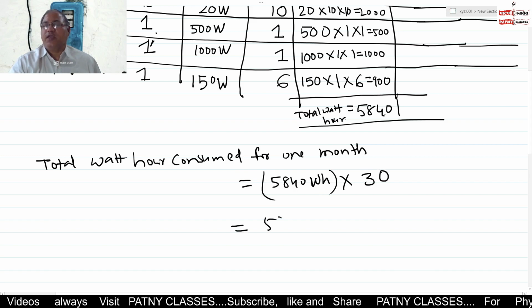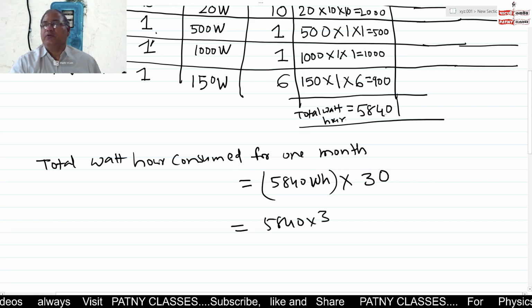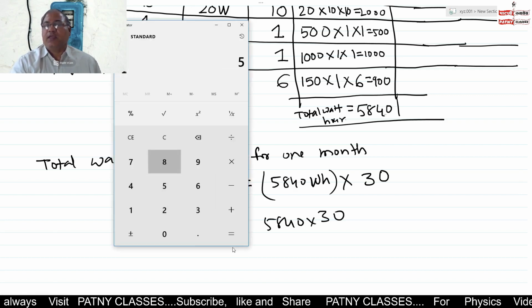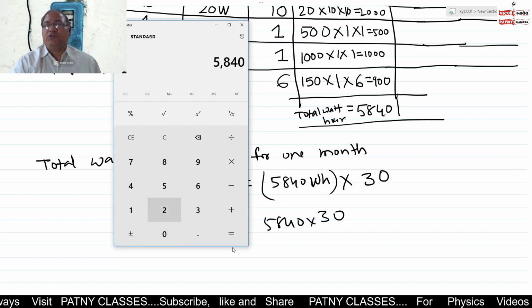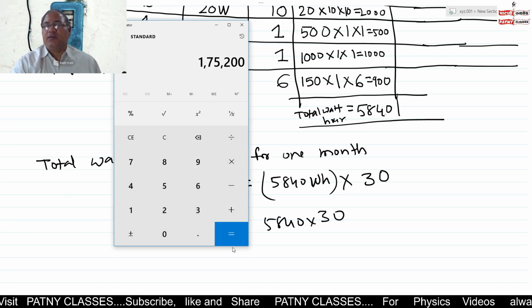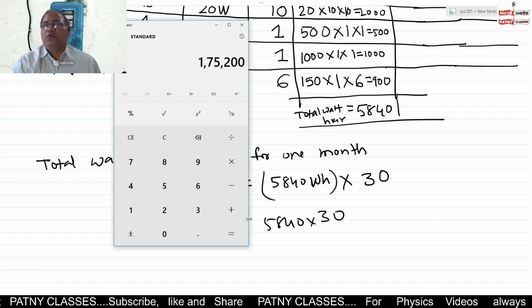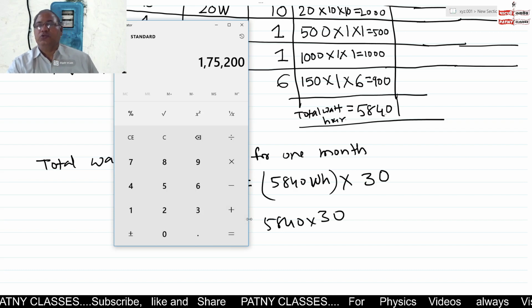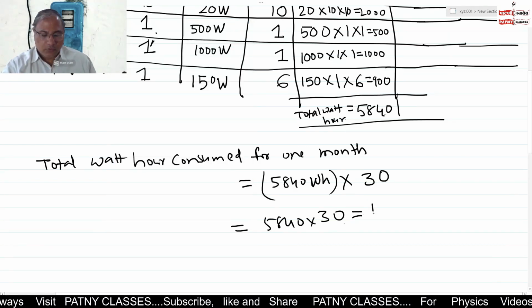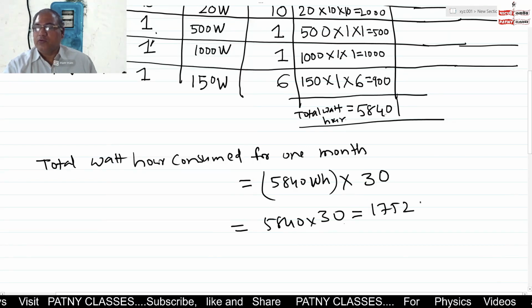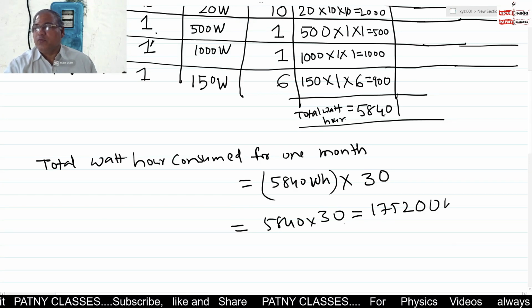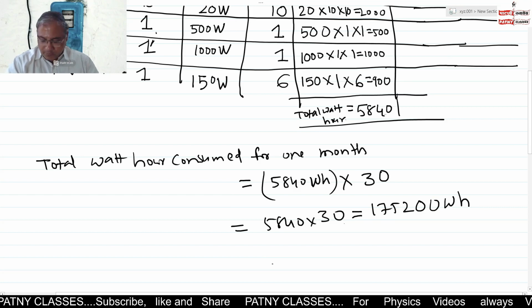So 5840 into 30 equals 175200. So this many watt hours are consumed in 1 month.